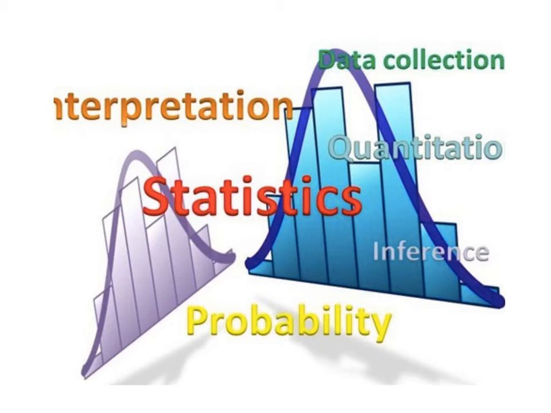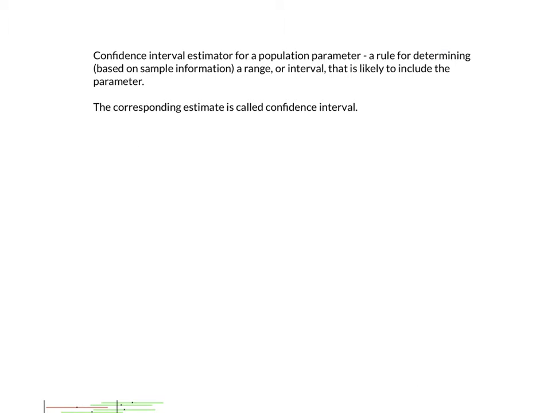So an alternative to reporting a single sensible value for the parameter being estimated is to calculate an entire interval of possible values, an interval estimate, also called a confidence interval. So a confidence interval estimator for a population parameter is a rule for determining an interval that is likely to include the parameter. The corresponding estimate, so if I apply the rule once, I get what is called a confidence interval.